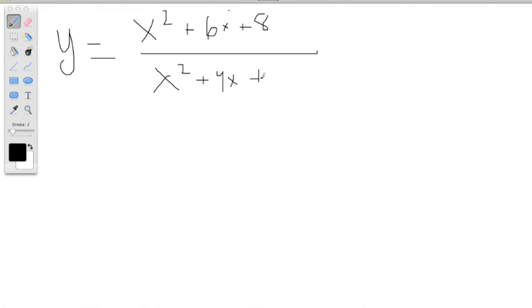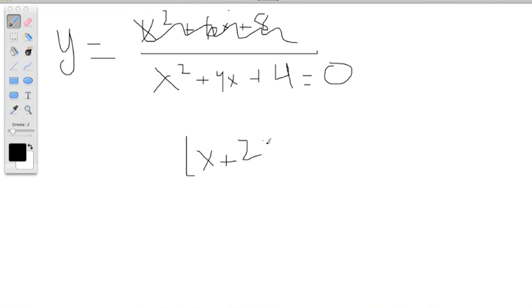For this one, you just do the denominator, because you're only finding the vertical asymptote. You set it equal to 0 and simplify it as much as you can, which would be x plus 2 squared, set that equal to 0, and solve. The vertical asymptote is x equals -2.